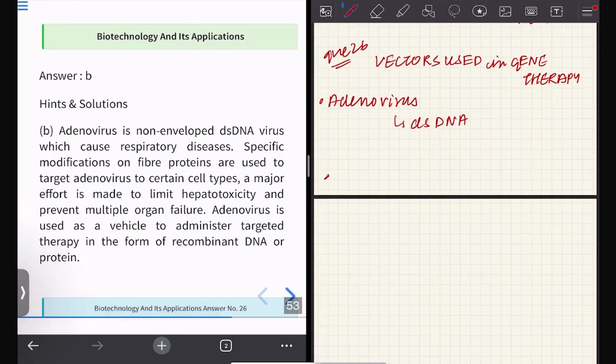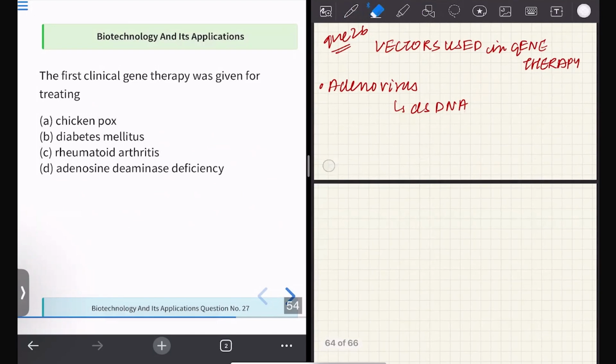Certain modifications on the fiber proteins are used to target adenovirus to specific cell types, and they can limit hepatotoxicity and multiple organ failure. It is also used as a vehicle to administer targeted therapy in the form of recombinant DNA or protein.